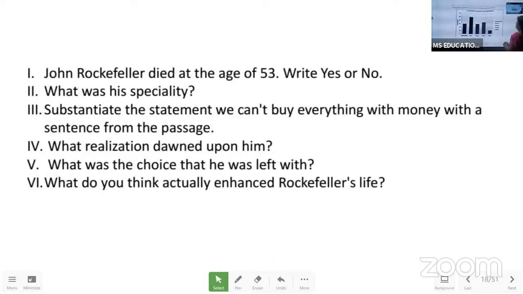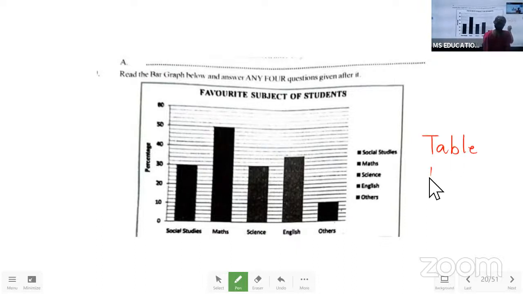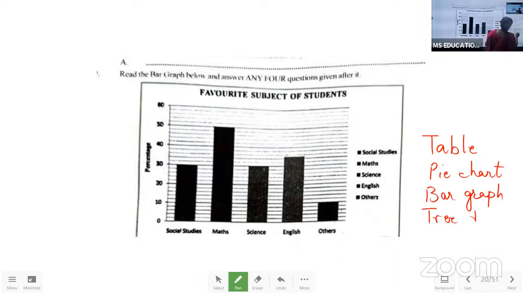In non-verbal data, also we had earlier in junior inter, we had done the 5 of them, like the table, pie chart, bar graph, tree diagram, and lastly, the flow chart.